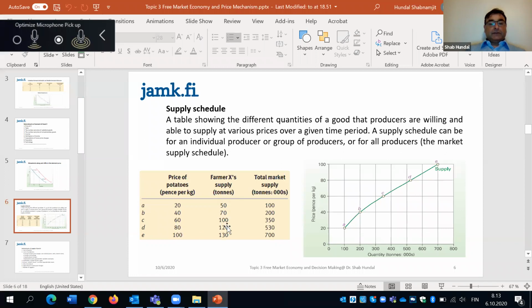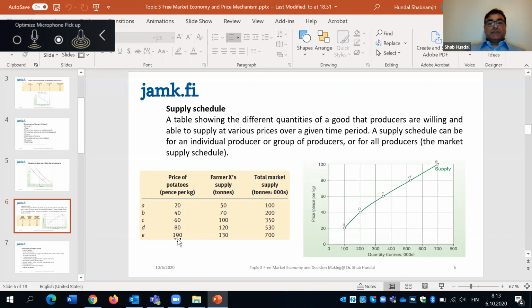So if I'm a farmer, a producer, a miner, a manufacturer, a processor, a service provider, as the price increases, it will be an incentive for me to supply more because this is the right time to get more revenue and more profits. So unlike the demand, there seems to be a positive, direct relationship. They move together.